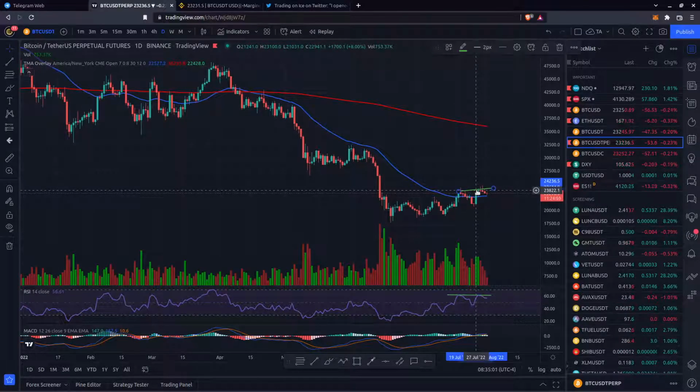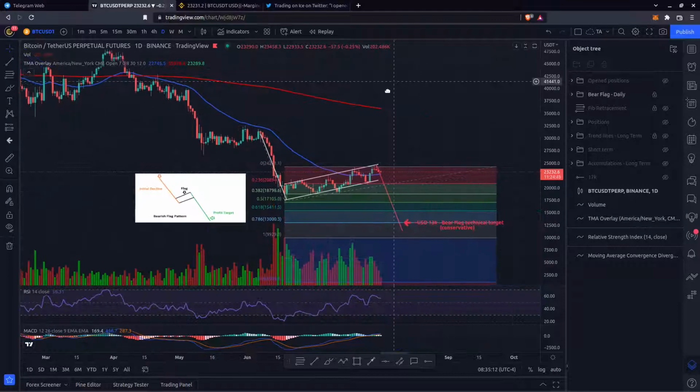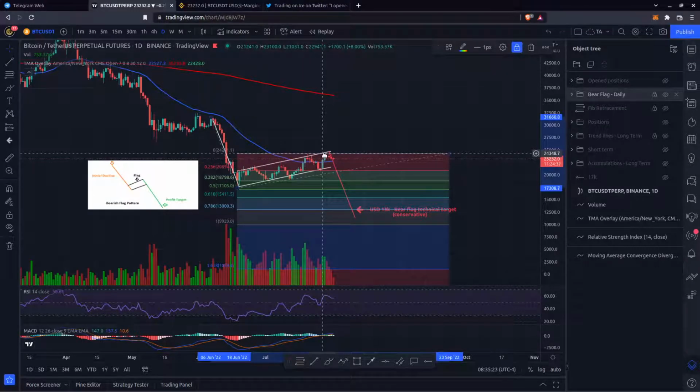Alright, so for the Bitcoin price, I don't think that our bear flag was invalidated yet. So the bear flag scenario, we would resist on this resistance here on the top of the channel, which actually happened.